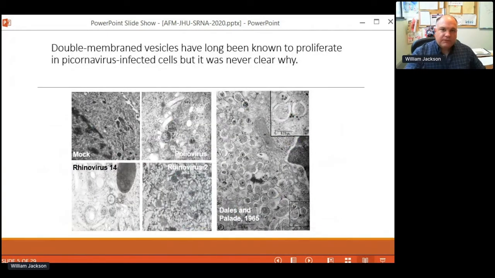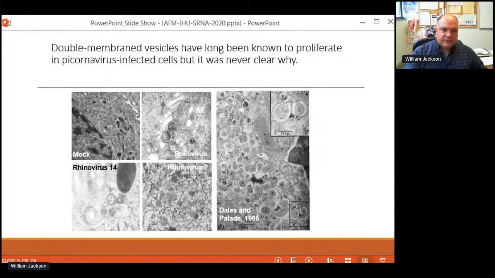But what we've known for years is that when you infect a cell with Picornaviruses, you get these unusual double membrane vesicular structures. We've known about them for years, and on the right, there's an electron micrograph that was taken by George Palade's lab in 1965. This is of a poliovirus-infected cell, and you can see those really unique double membrane structures.